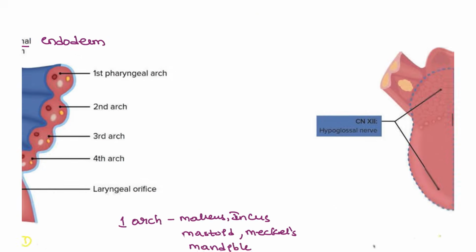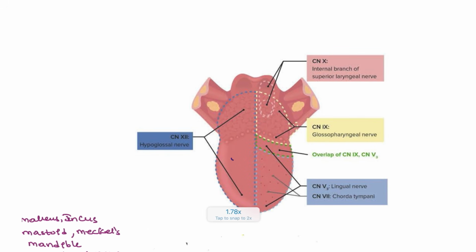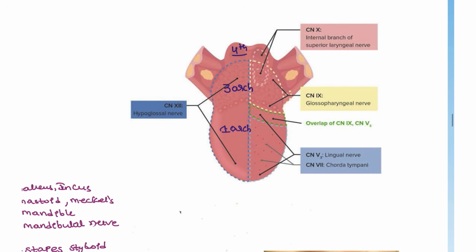Okay, next, moving on to the tongue development. First we will be knowing this is developed by the first arch, and here this is developed by the second, this is developed by the third arch, and here it is the fourth arch. Okay, next, the nerve supply.